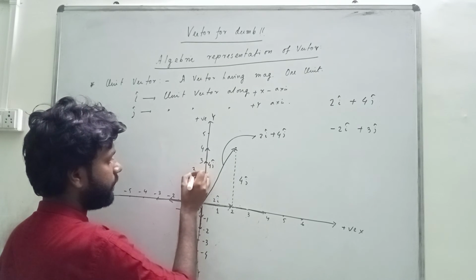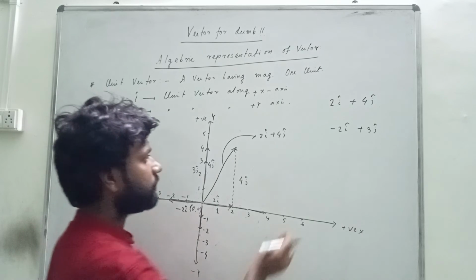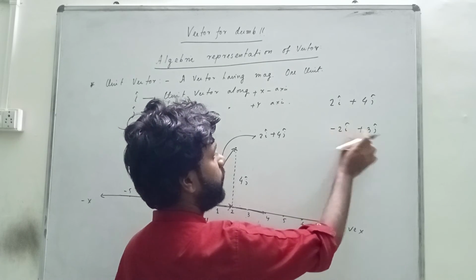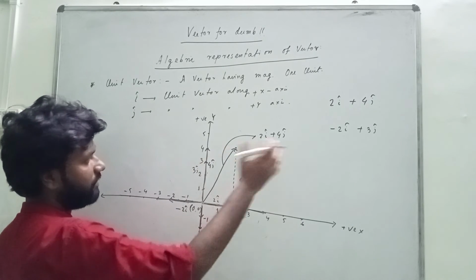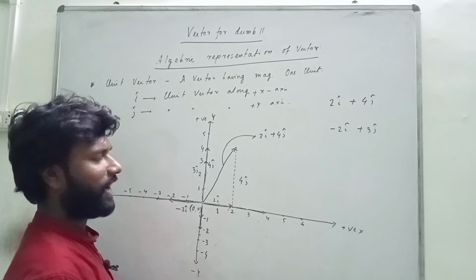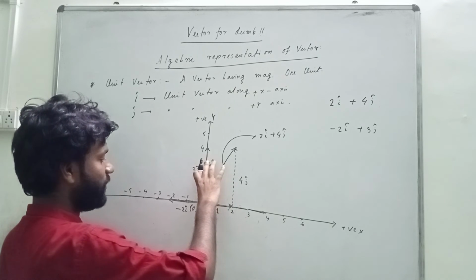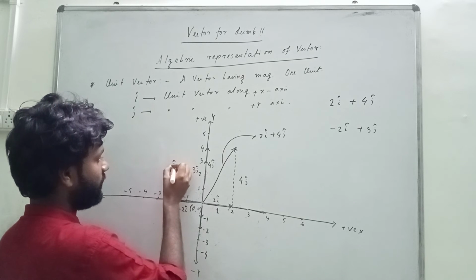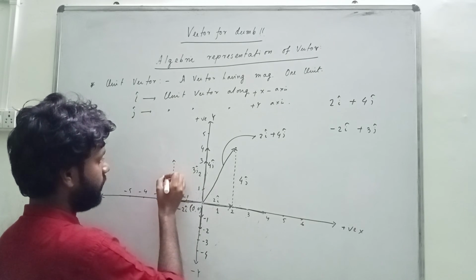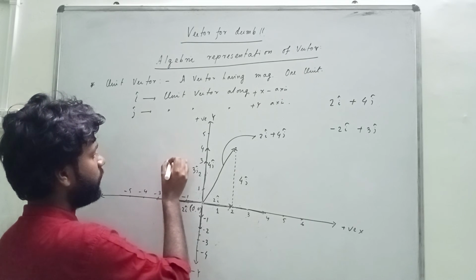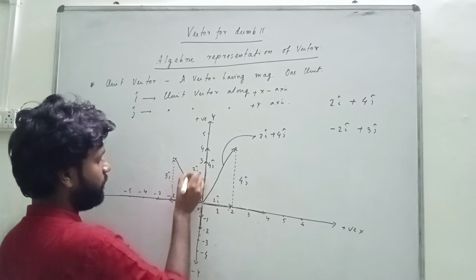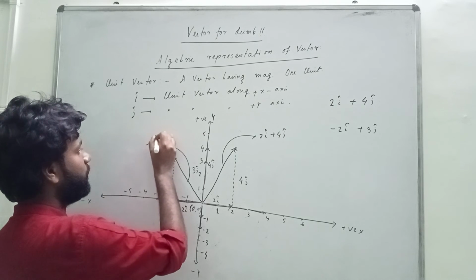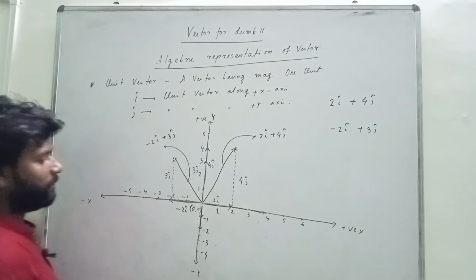Addition means add these two vectors. Just translate this from here to there, a parallel transformation. Put a dot here and connect these two dots. So it is your minus 2i cap plus 3j cap. No problem.